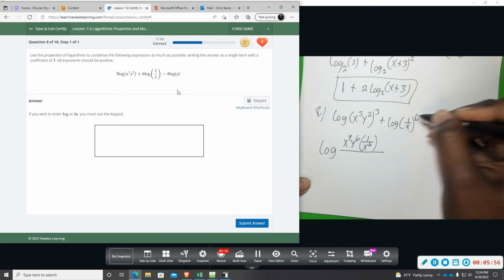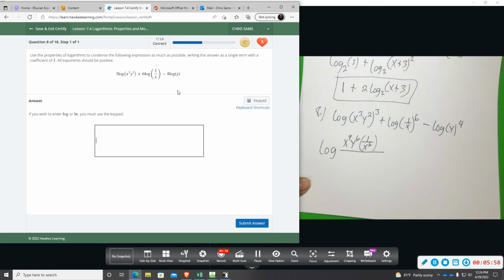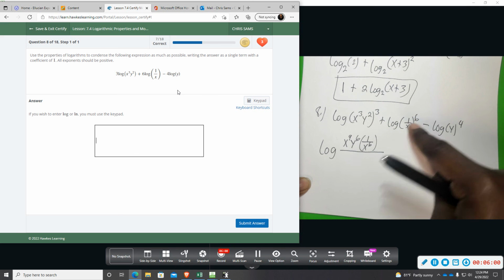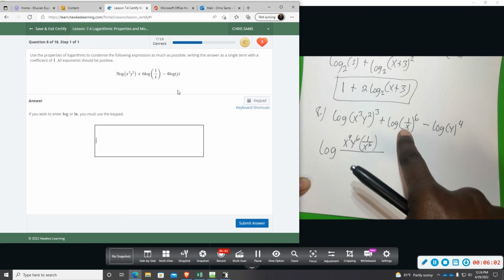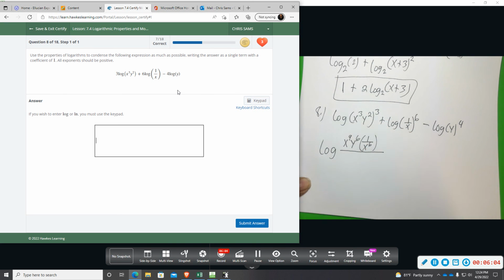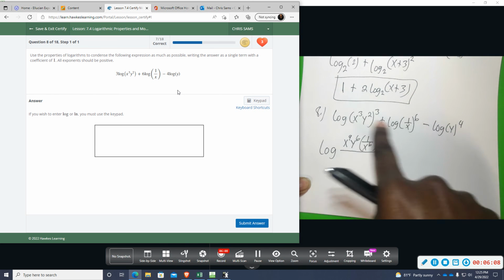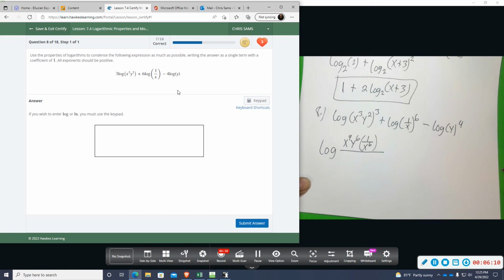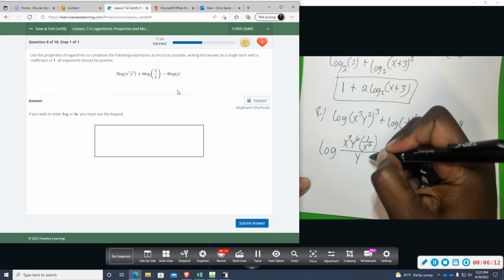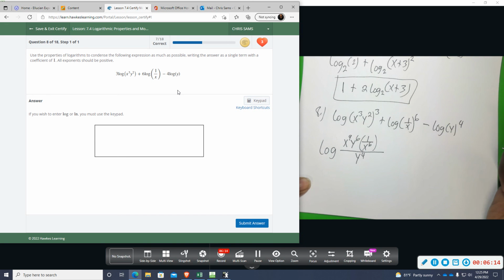So 1 raised to any power is going to be 1, so it's like 6 ones, 1 times 1 times 1, 6 times, and then you also do x to the 6th power, which will give you x to the 6th. So that is the top parts with the plus, and then minus, this goes on the bottom. This is a y to the 4th.